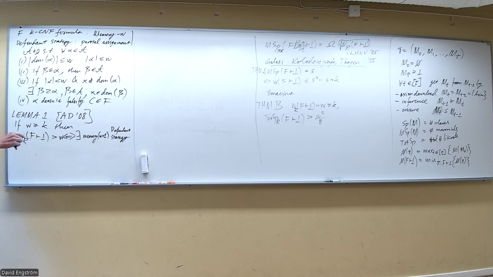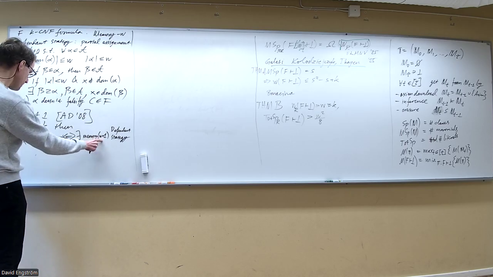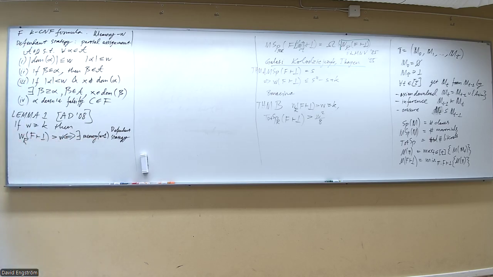So if I have a defendant strategy in memory W plus 1, that gives me a W lower bound.